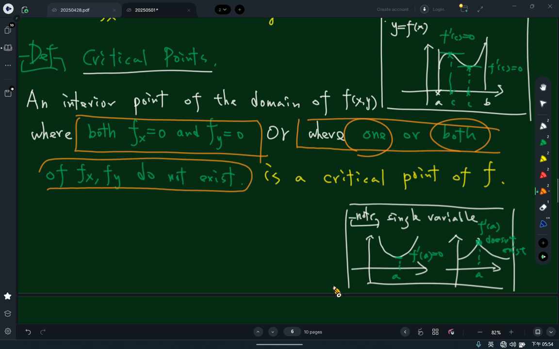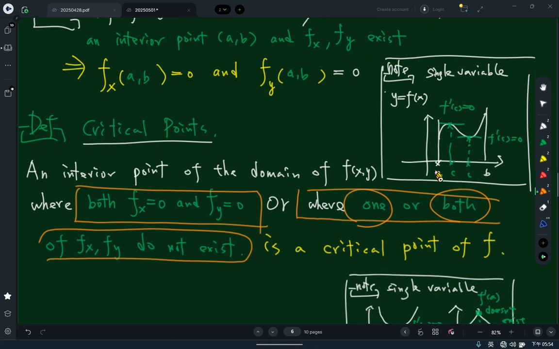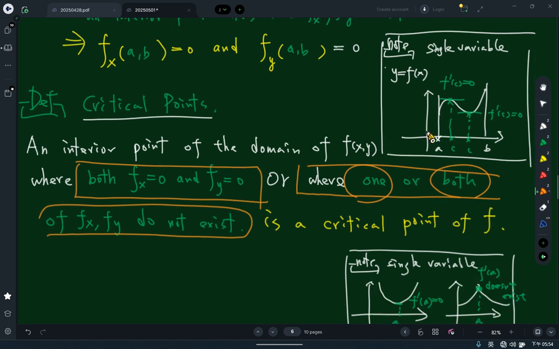That means maybe partial f partial x will have a positive or negative infinity value. Then we will call this a critical point. So I always show the case of single variable function for your reference here. You can just have some kind of comparison in between.